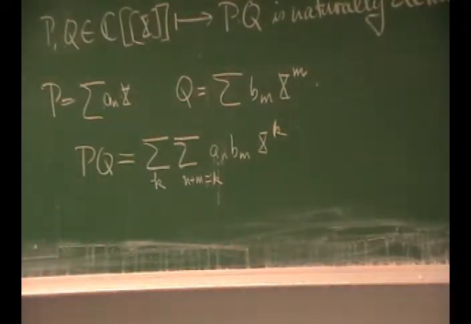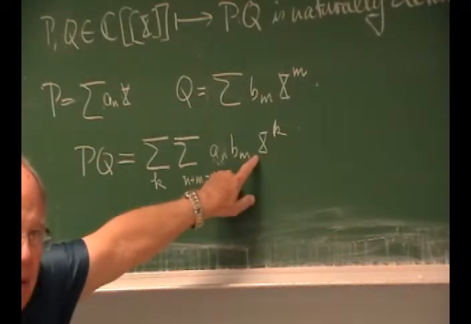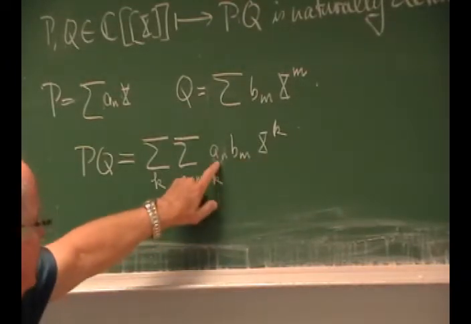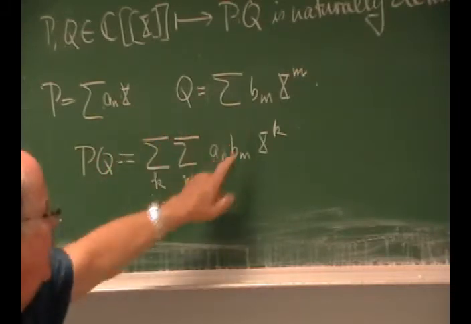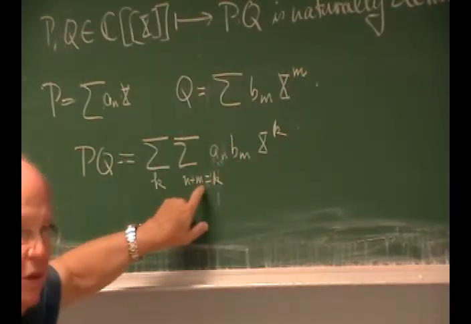You get it? Because you look at the coefficient of the x to the k, and that means you have to pick out something from the first and something from the second, then multiply it together to give that coefficient, so that's the condition.